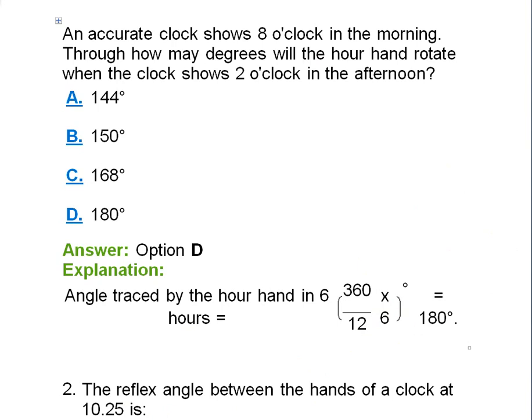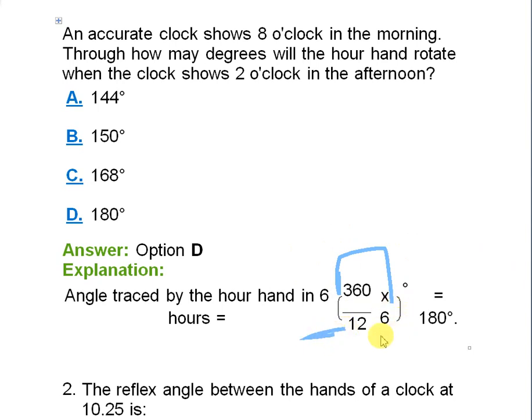I'll explain it. Just forget the question for once. In the question, we know the angle traced by the hour hand in 6 hours. We know that in total the circle is of 360 degrees. We're talking about the circle here, which is the face of the clock, and in total we have 12 hours.